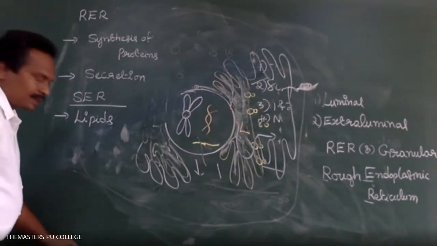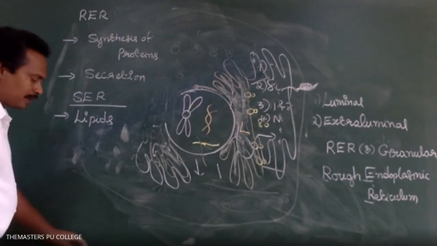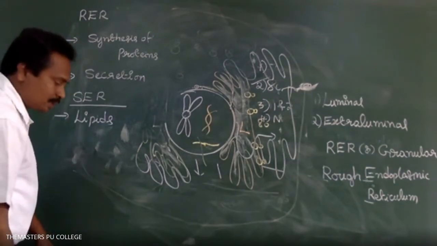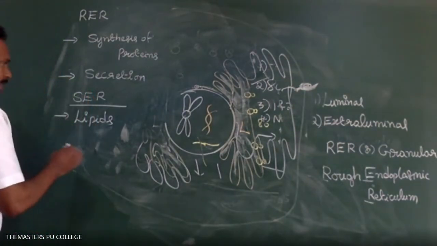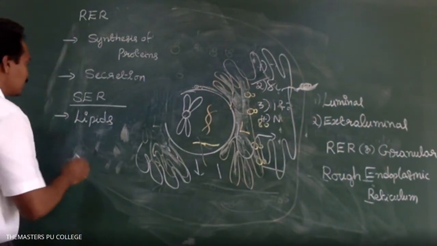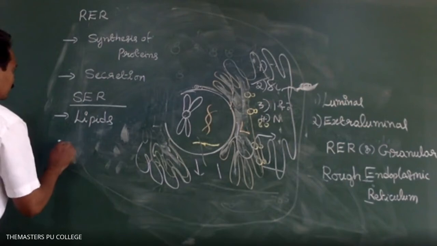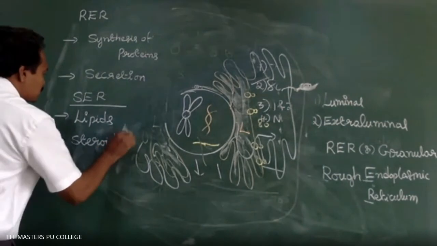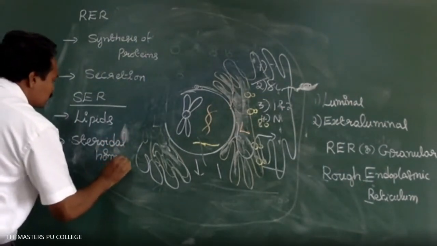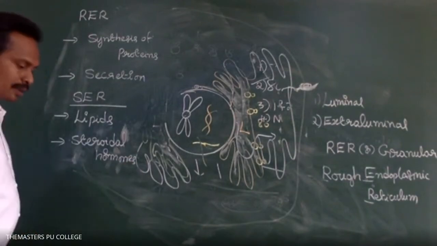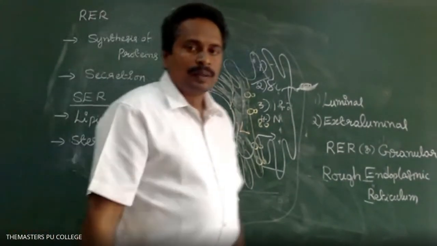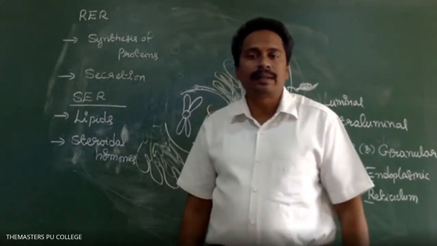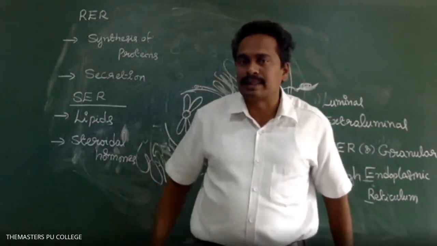And in animal cells, the smooth endoplasmic reticulum is involved in the synthesis of steroidal hormones like testosterone and estrogen, the sexual hormones.